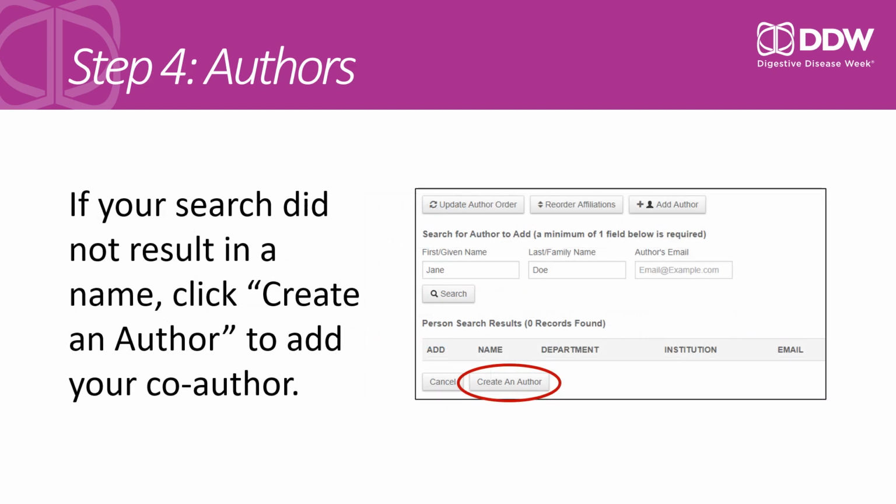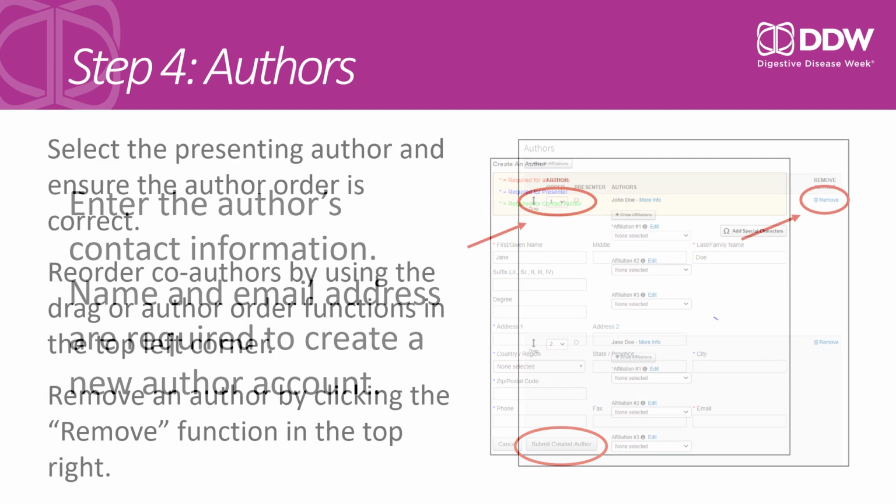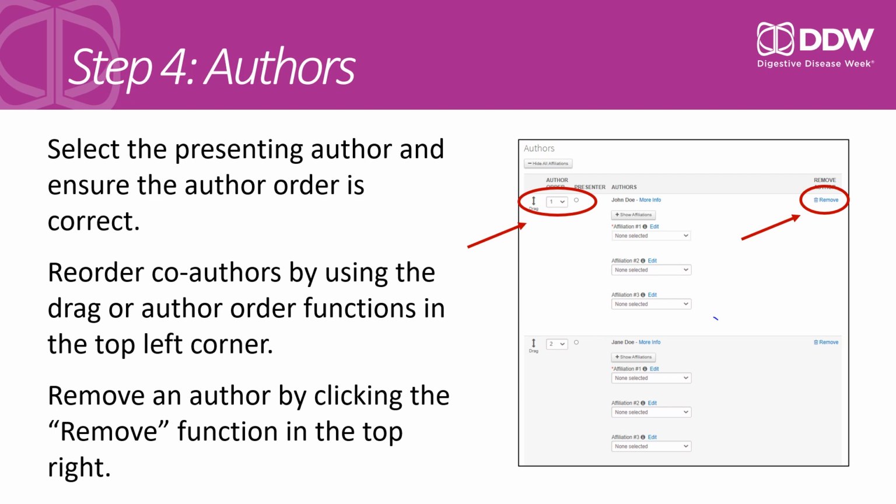If your search did not result in the correct author, you can create a new account for this person by clicking the Create an Author button. To create the new account, enter the author's name and email address, and then click the Submit Created Author button. After you've added all of your co-authors, ensure that their institutions are listed correctly.